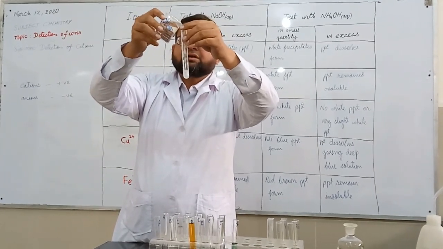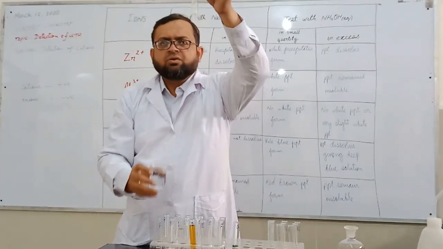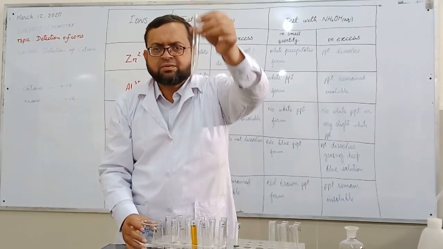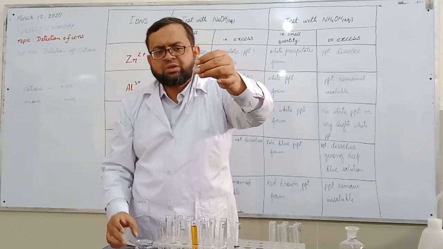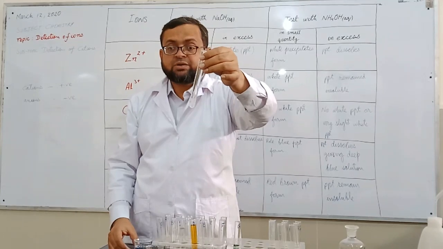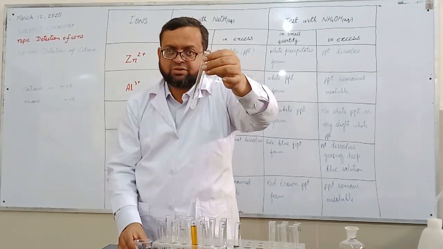You can observe there are white precipitates. So sodium hydroxide gives a white precipitate with a small quantity of sodium hydroxide.